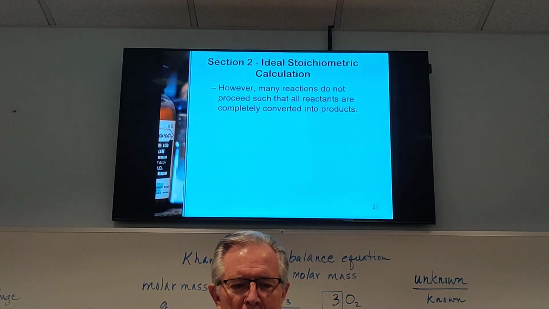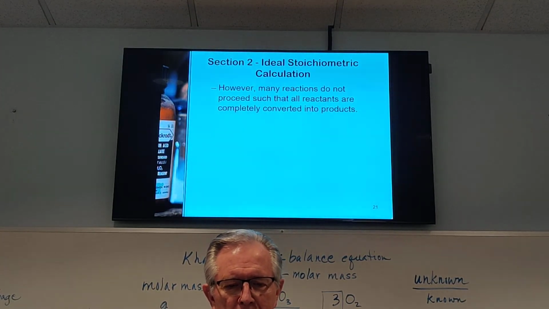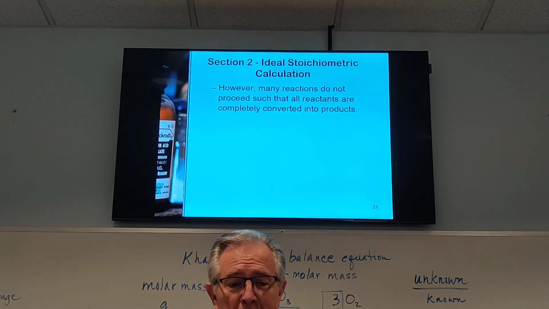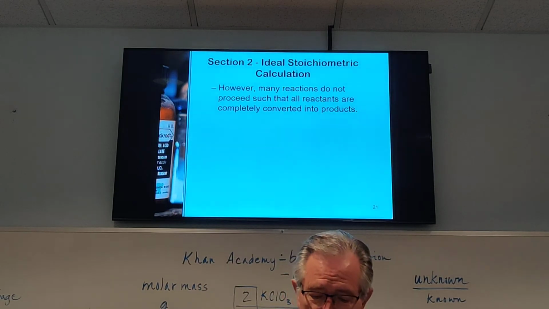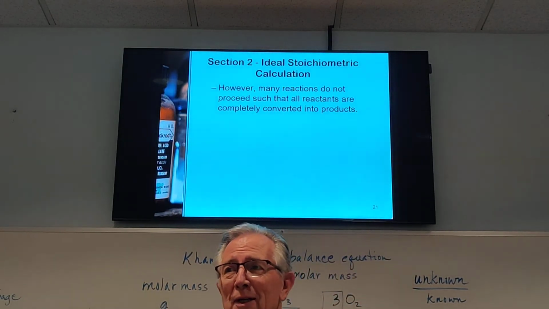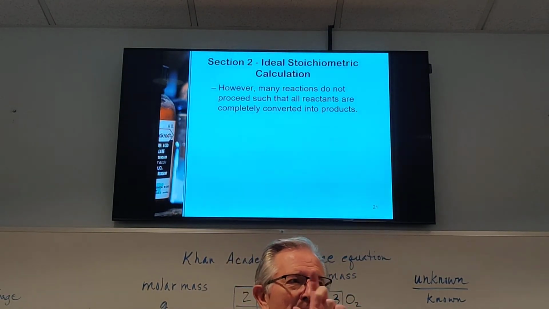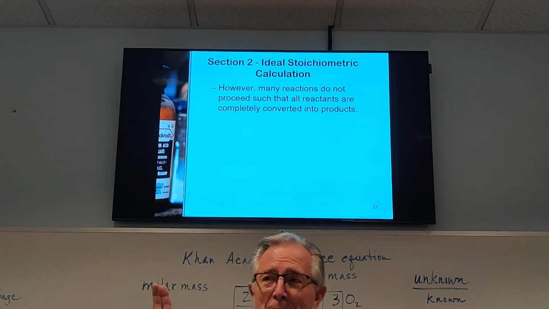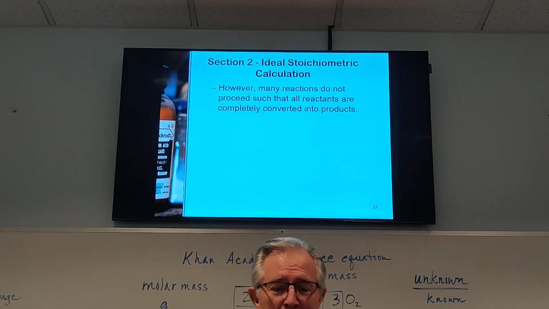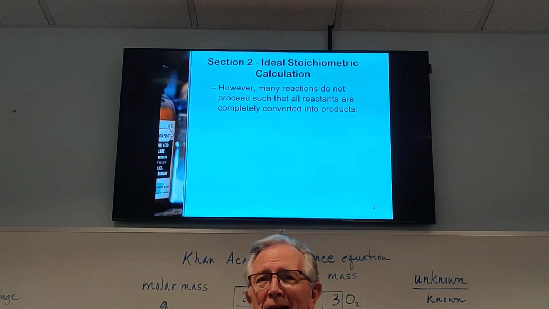Now, many of these reactions, it says, don't proceed such that all the reactants are completely converted into products. That is one of the things that some of you will run into in the combination of chemicals that you're going to pick to make your 2 grams that I keep referring to. Some of you are going to run into this issue that not all of the reactants will be converted into products.